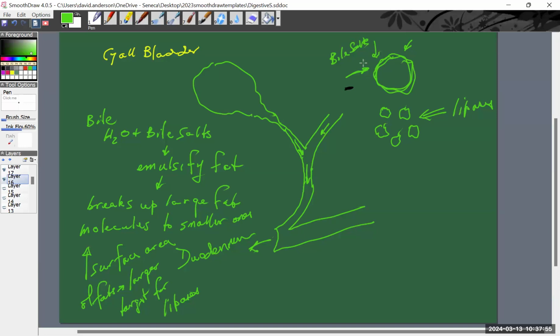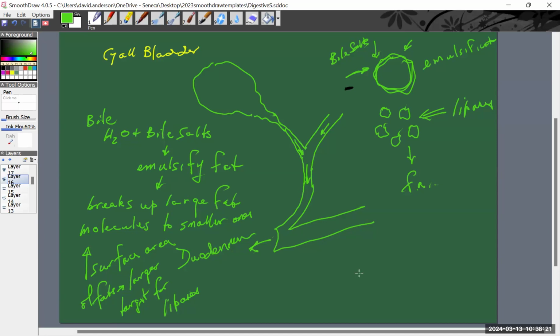So once we get the lipases, in addition to the emulsification, we hopefully are going to end up with some fatty acids. And those fatty acids then can be absorbed in the jejunum, and we can then deliver those to the circulatory system and do something with them, make something from them. So that's what we're thinking about with the gallbladder.